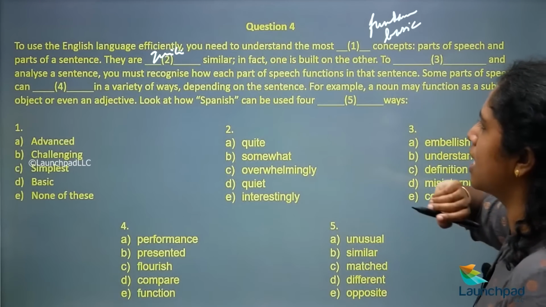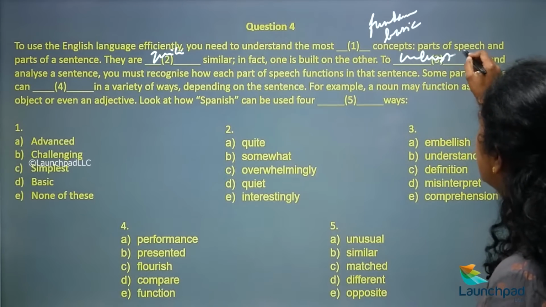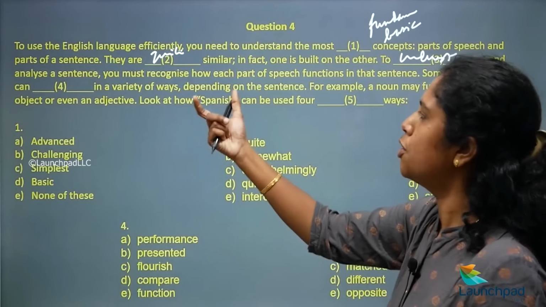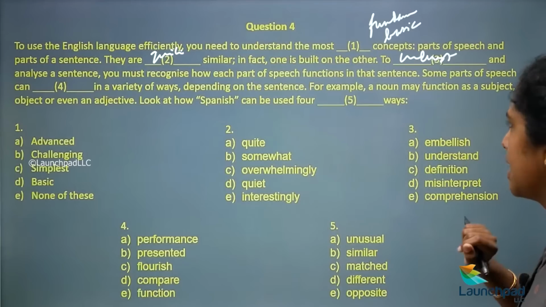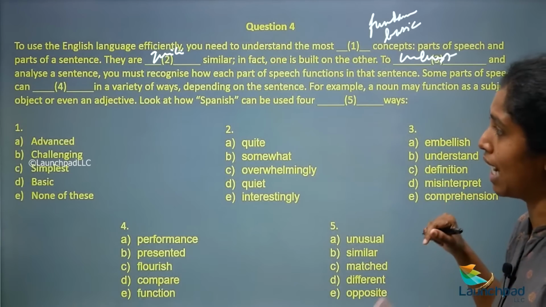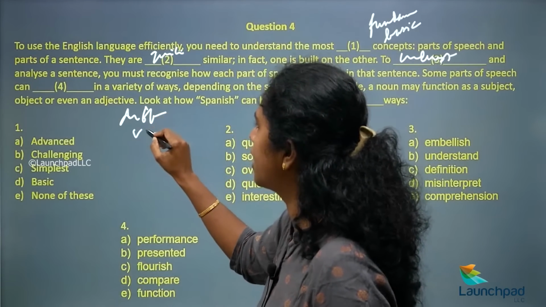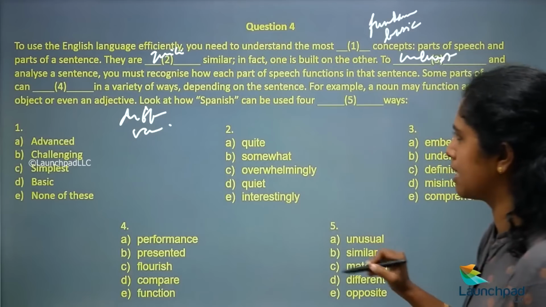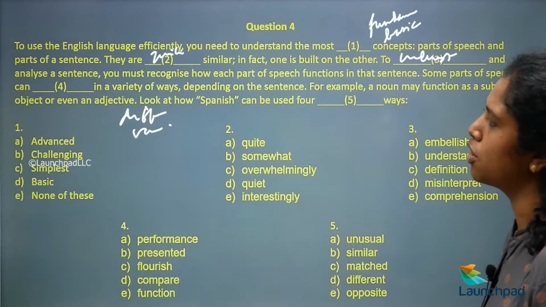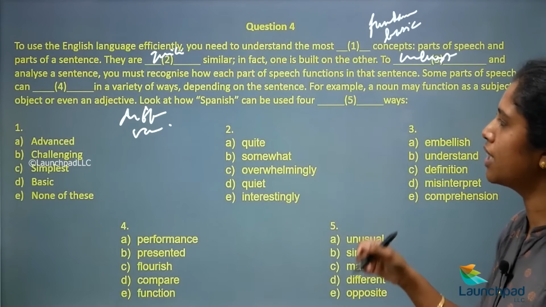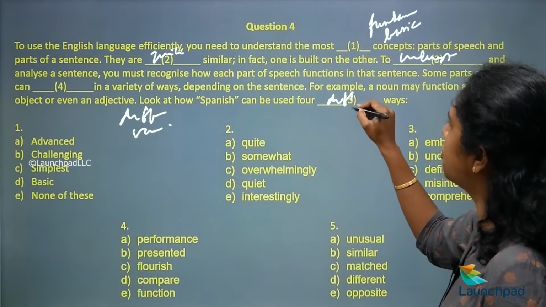To dash and analyze a sentence, to understand and analyze a sentence, you must recognize how each part of speech functions in that sentence. Some parts of speech can dash in a variety of ways. Maybe it can differ or vary depending on the sentence. For example, a noun may function as a subject, object, or even an adjective. Look at how Spanish can be used in 4 different ways maybe.